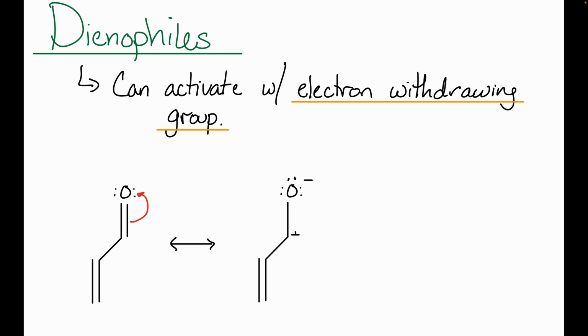And we can draw yet another resonance structure here because this is another one of our resonance patterns, an allylic carbocation. All right, so again, just following our electron pushing arrows here. Everybody take a second. This pair of electrons in my pi bond is going to jump over.